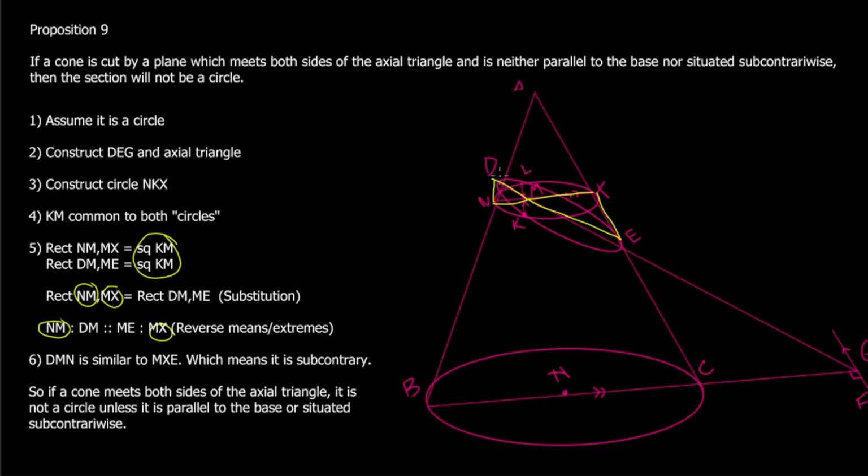Well, DM sits opposite this, and that corresponds to MX. MX in this triangle sits opposite this. So that must mean that the angle DNM is equal to the angle XEM.